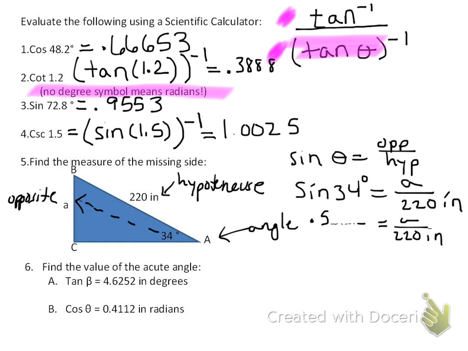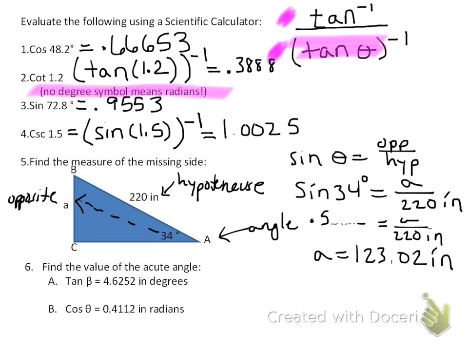So now how do I solve for A? I multiply by 220 inches, and I find that A equals 123.02 inches. You have to remember your unit of measurement.